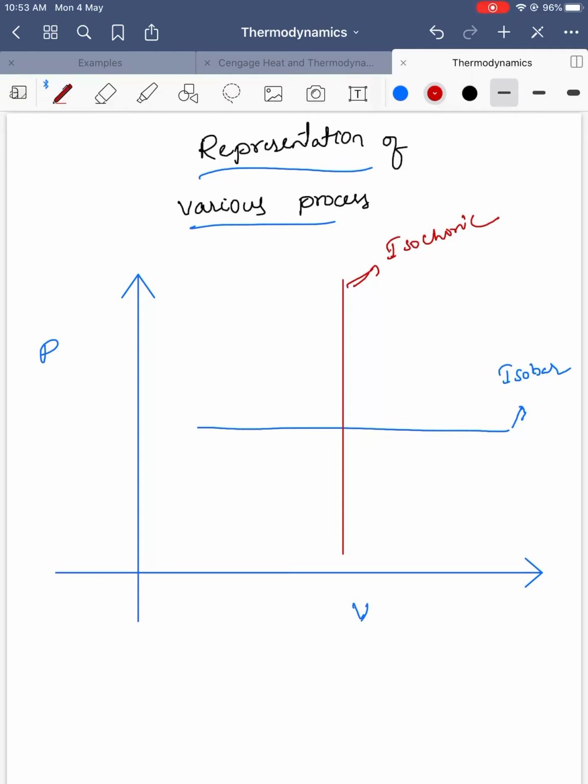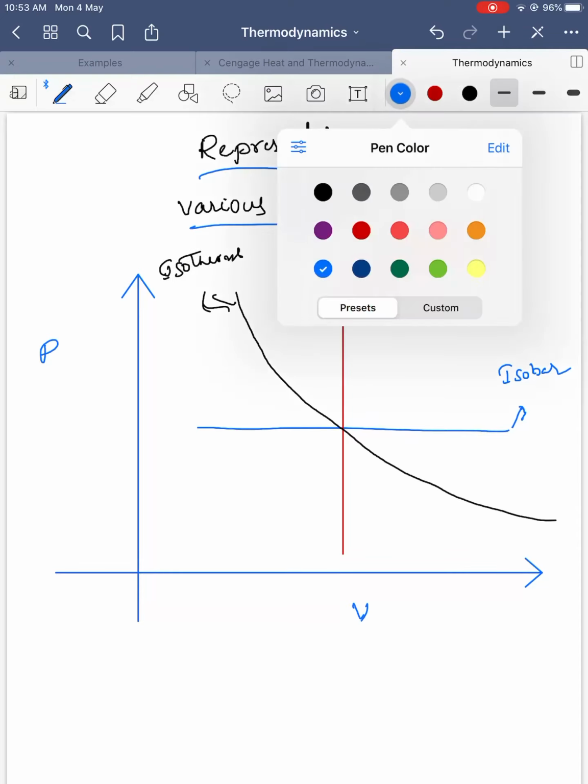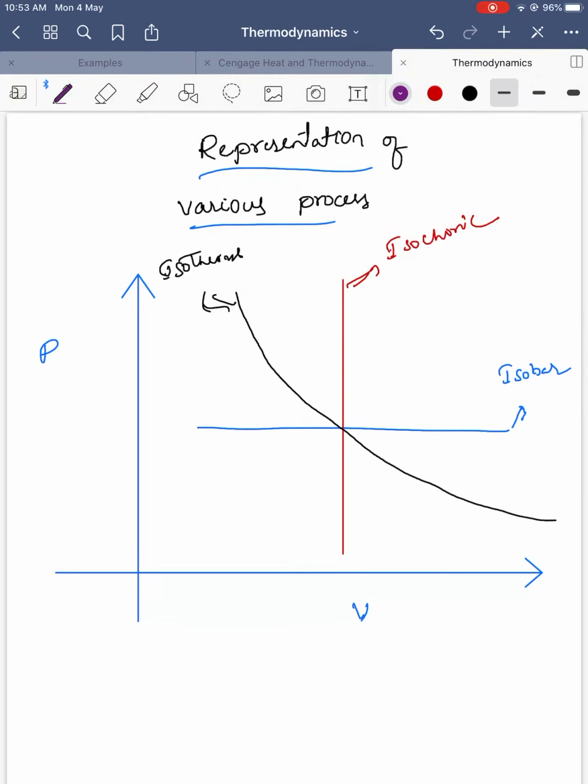So isothermal, let's see. This is isothermal. Next, adiabatic. Adiabatic has more slope than the isothermal process.